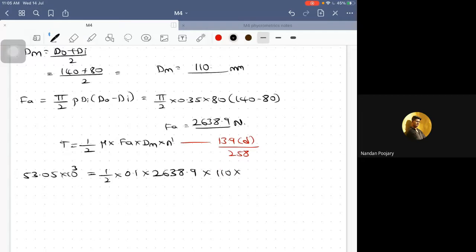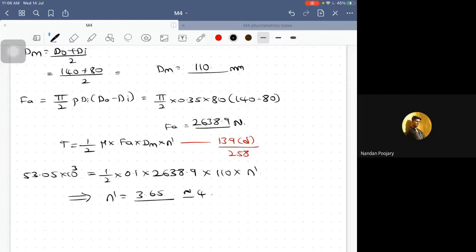So from this, we will get the value of n dash. Please confirm the values given by Nandan. Okay, I'm just taking that values directly. I've got 3.65. Same thing, 3.65. So approximately, I will take it as 4.